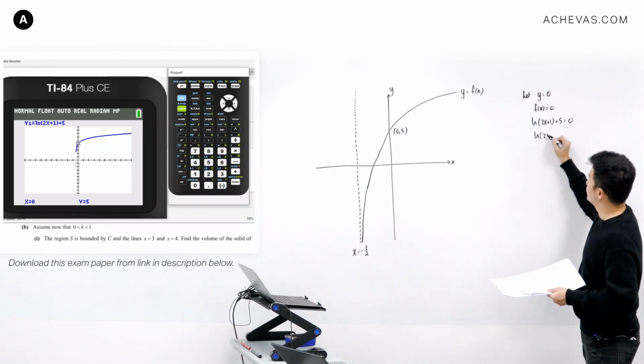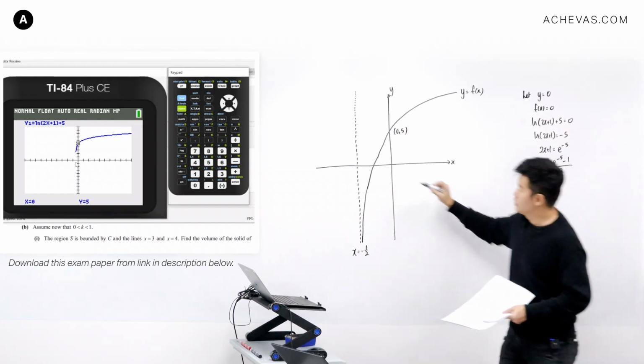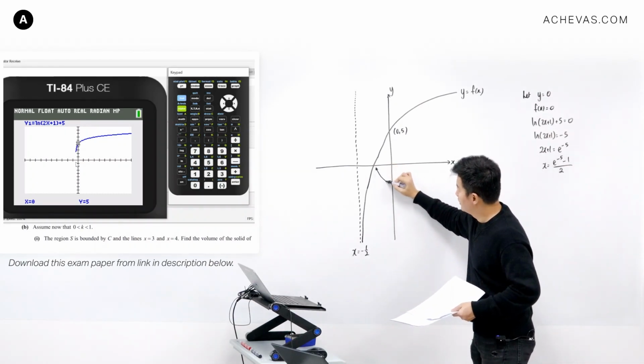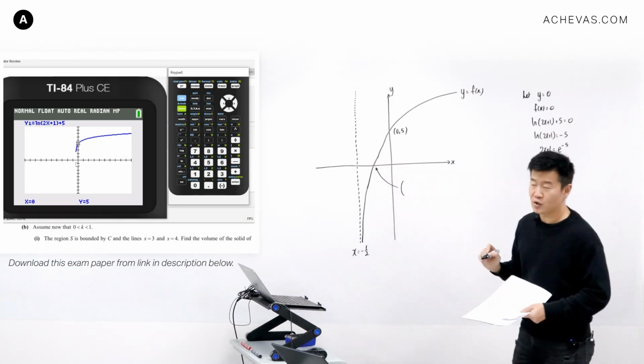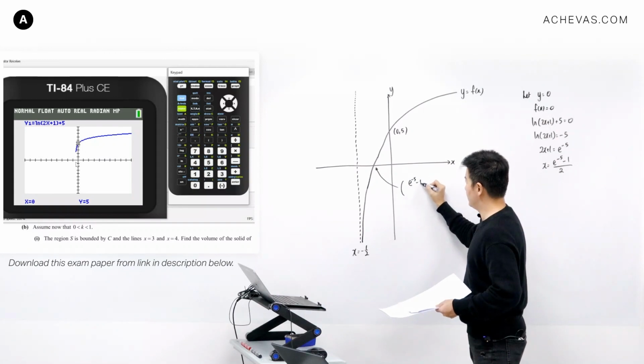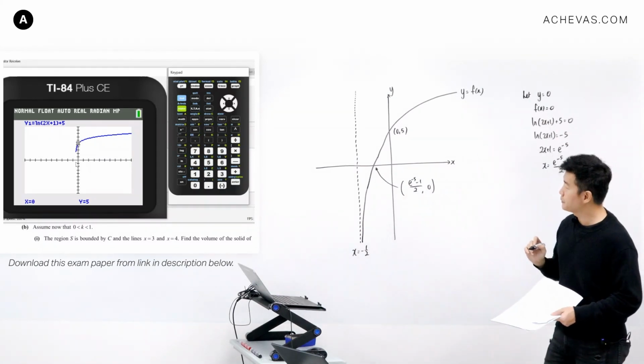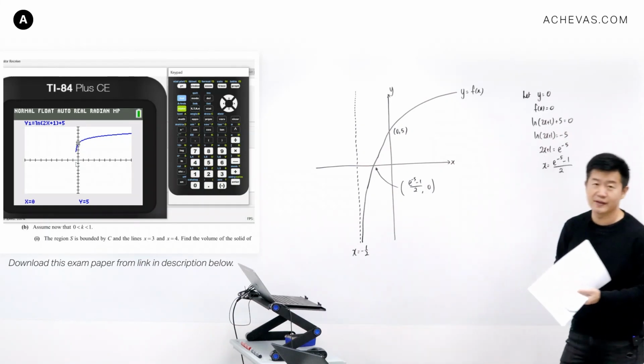So ln(2x plus 1) is equal to minus 5. 2x plus 1 is e to the power of minus 5. x is going to be (e to the power of minus 5, minus 1) over 2. So this will be the x coordinate of this point here, which is (e to the power of minus 5, minus 1) over 2. The y coordinate is 0. So this is my graph of y is equal to f(x).